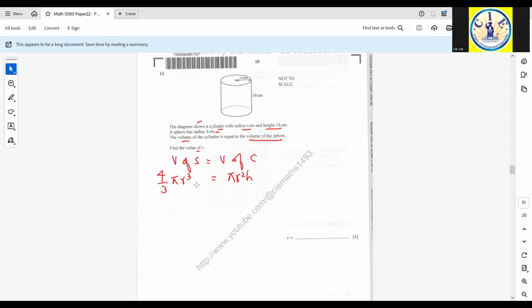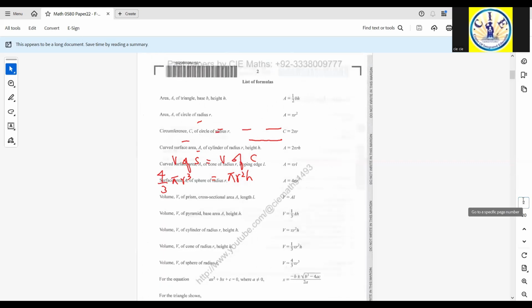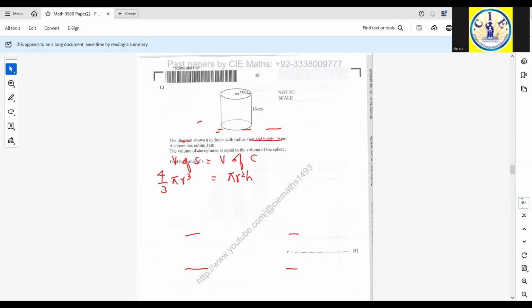We have the formulas written on the formula sheet as well. You can see volume of the sphere is 4 by 3 pi r cubed, and volume of the cylinder is pi r squared h. So now we need to simplify them.